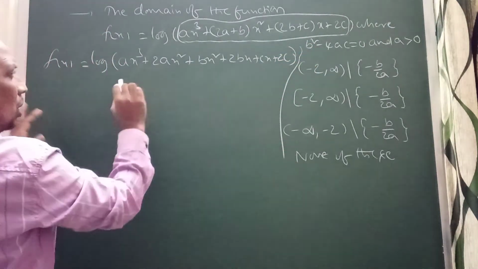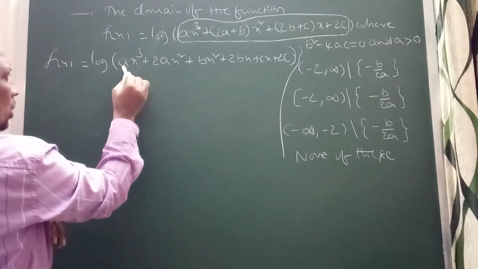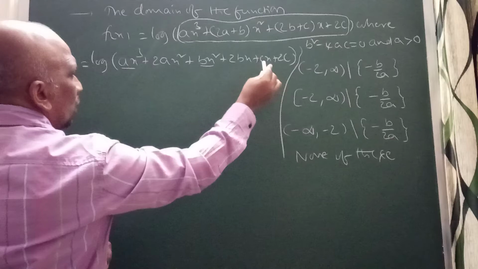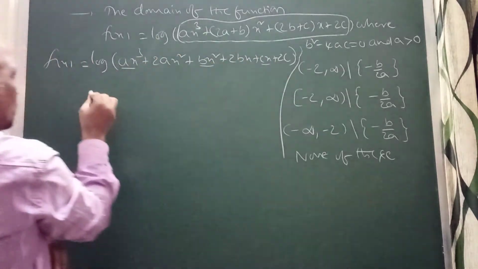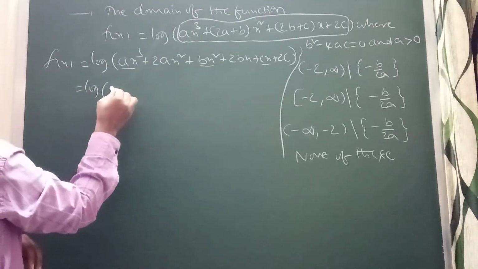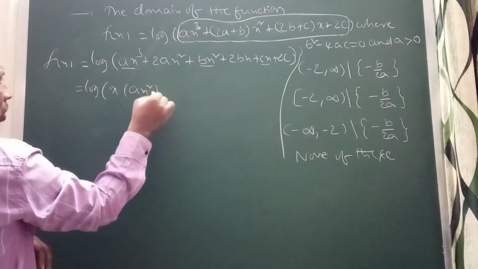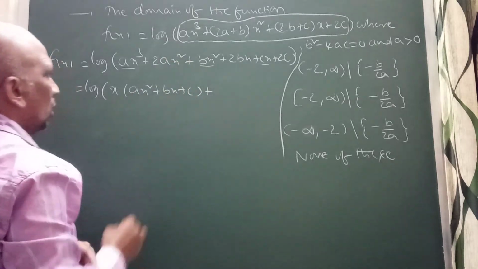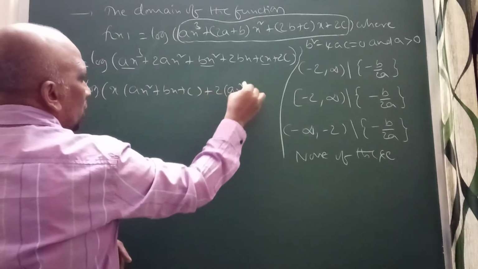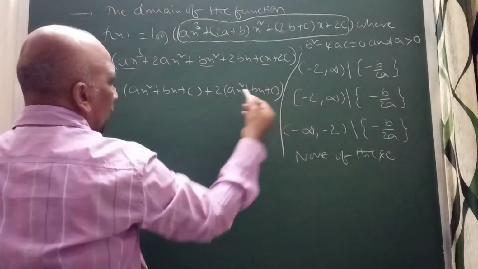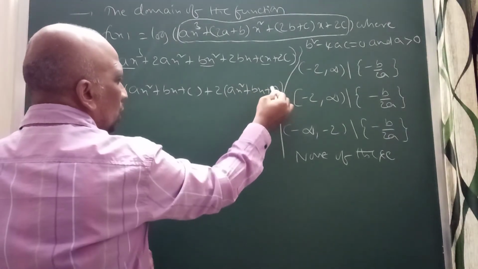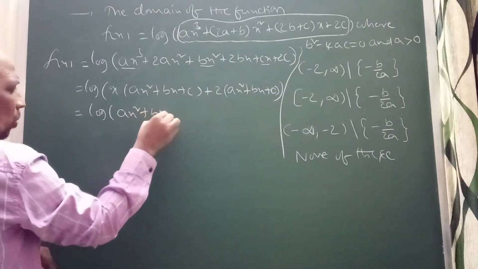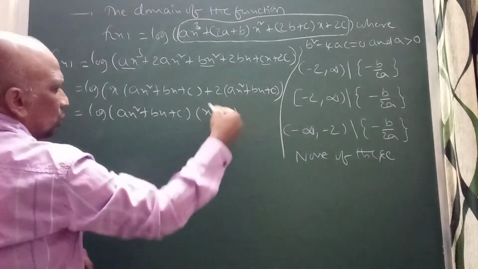If I take the common from these three, I can write log of x into ax square plus bx plus c. Remaining terms, if I take 2 common, 2 into ax square plus bx plus c, I can take it common, right? So when I have taken common, this will become log of ax square plus bx plus c into x plus 2.